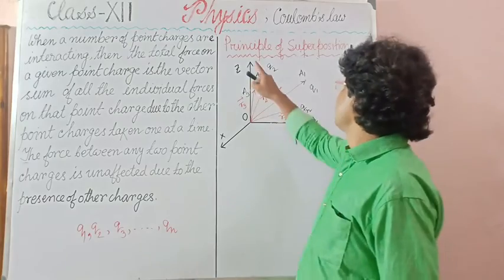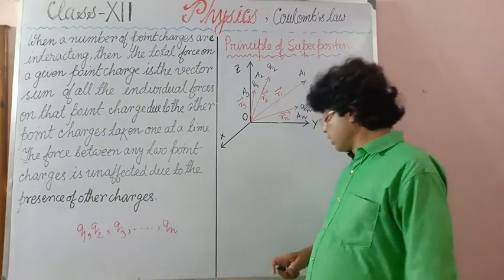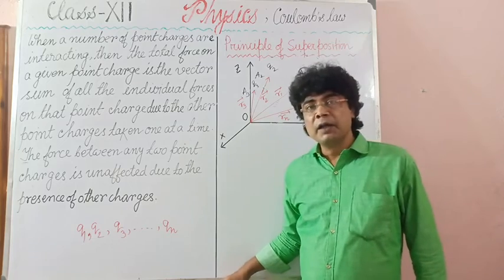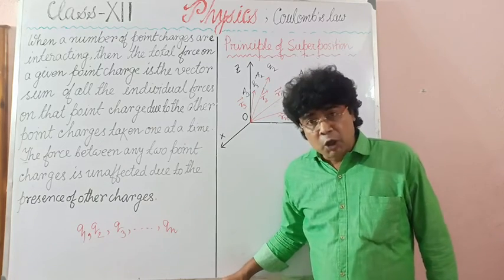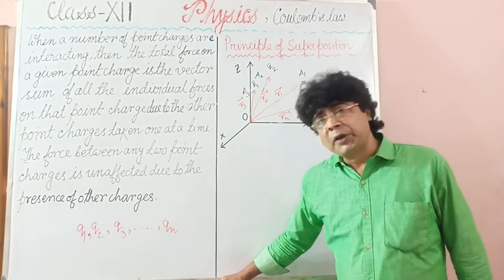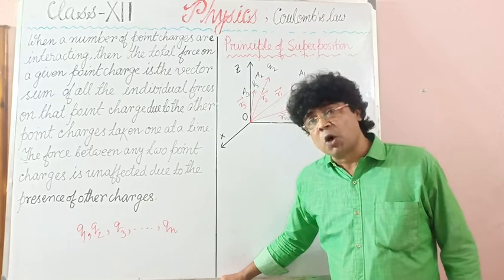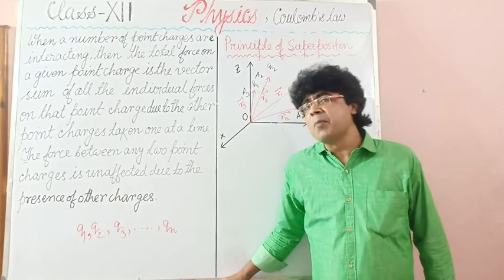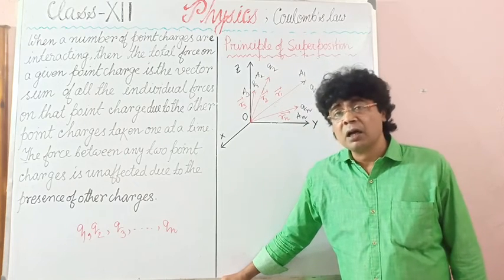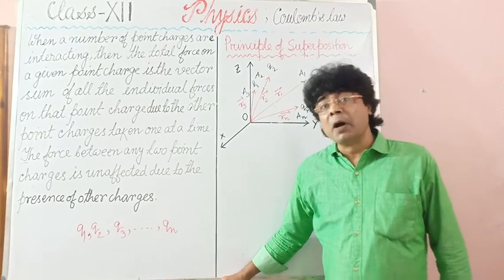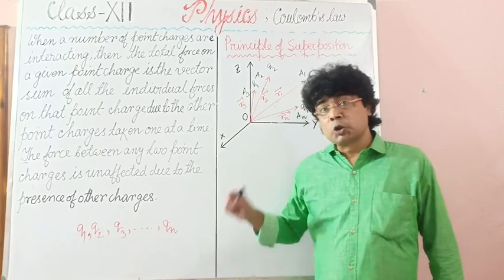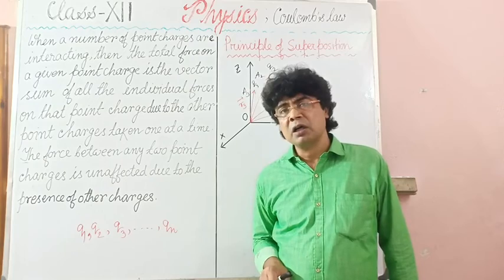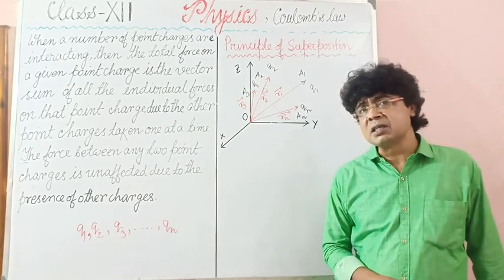Now, principle of superposition. We know Coulomb's law gives the electrostatic force between two point charges only. But if there is a system of point charges, then how do we find the total force on a given point charge due to the other point charges?